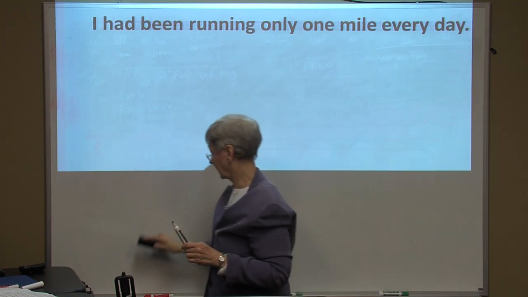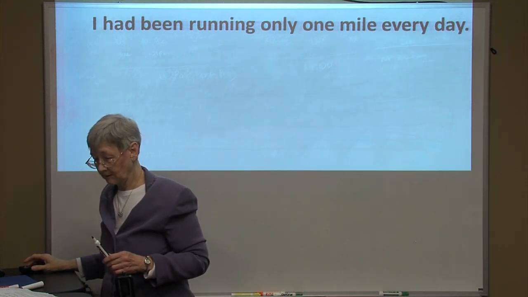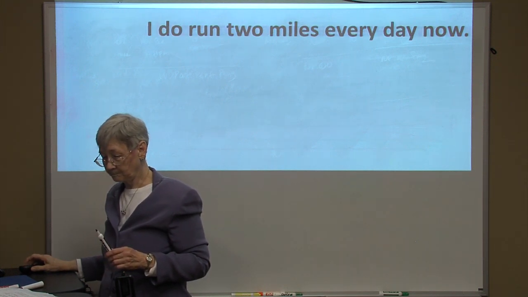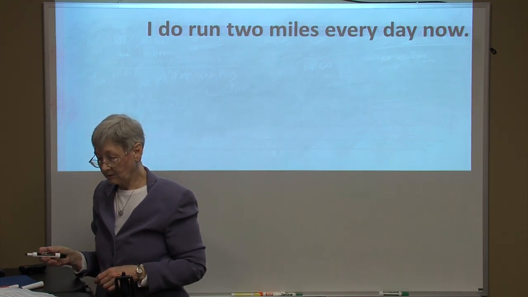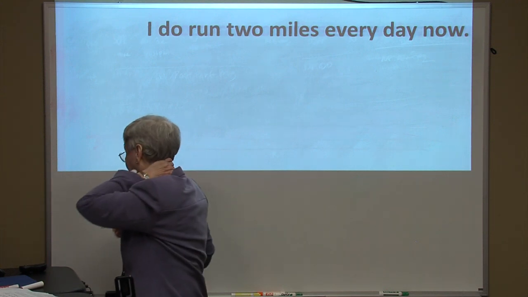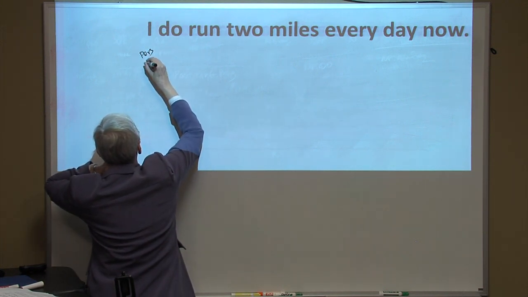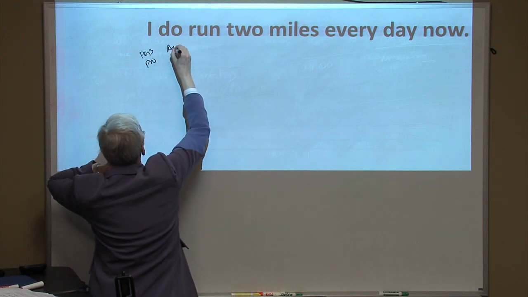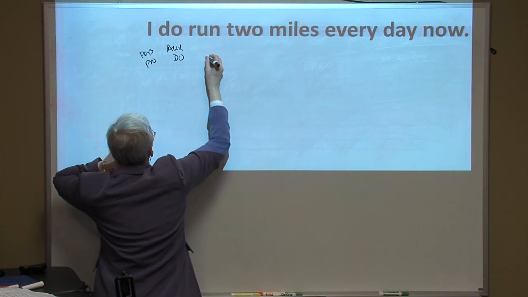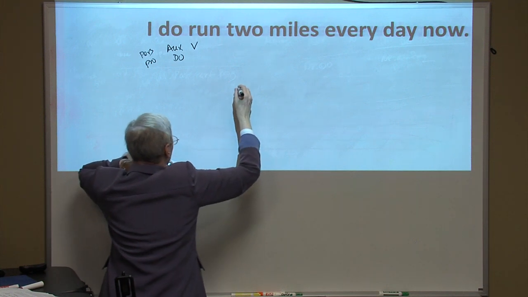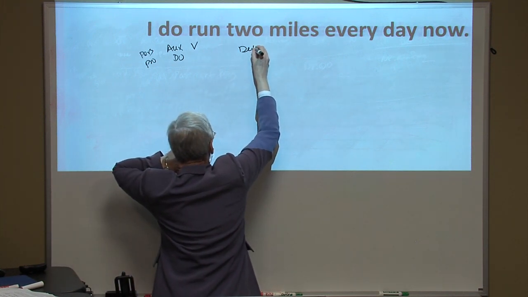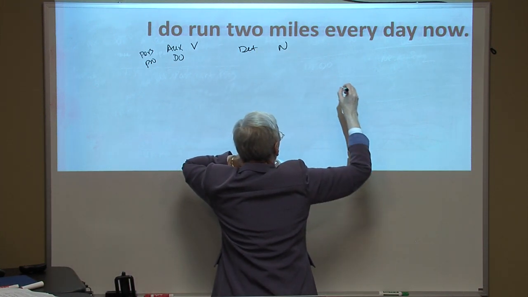So let's parse a sentence with auxiliary do. I do run 2 miles every day now. Okay, I, personal pronoun, do, auxiliary do. Run is our verb. 2, determiner, miles, noun.